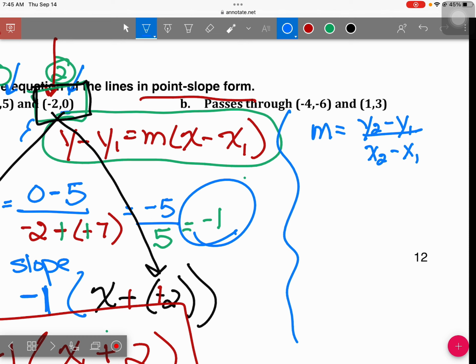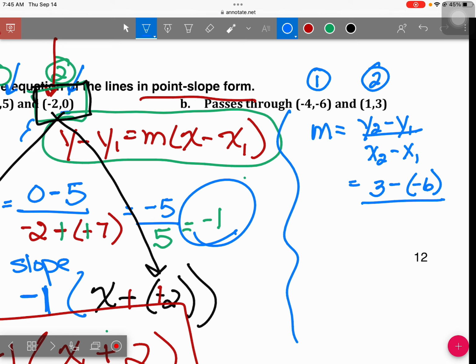Again, it does not matter which point you designate as 1 or 2, but you have to be consistent. So I'm calling that one point 1 and this one point 2. So the y value of the second point is 3 minus the y value of the first point is negative 6. Yes, you should write this down.